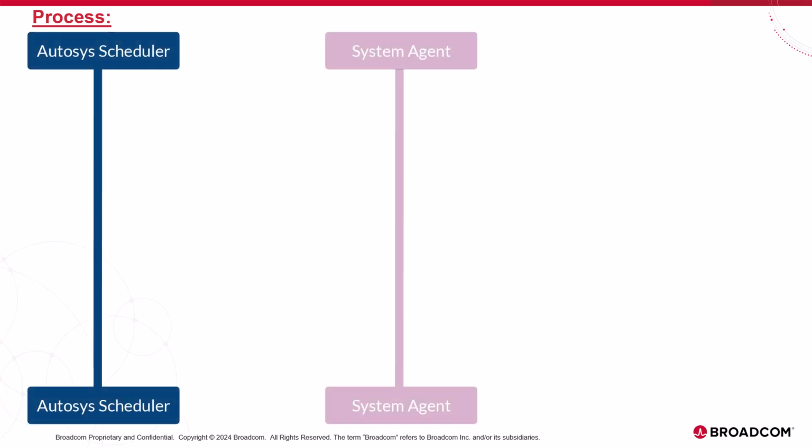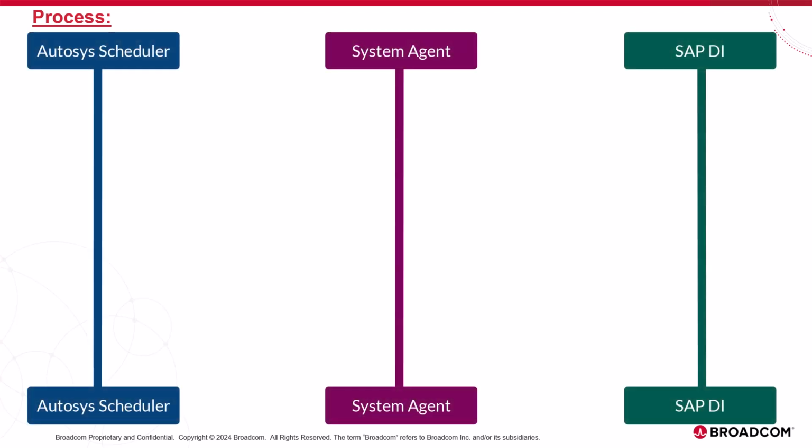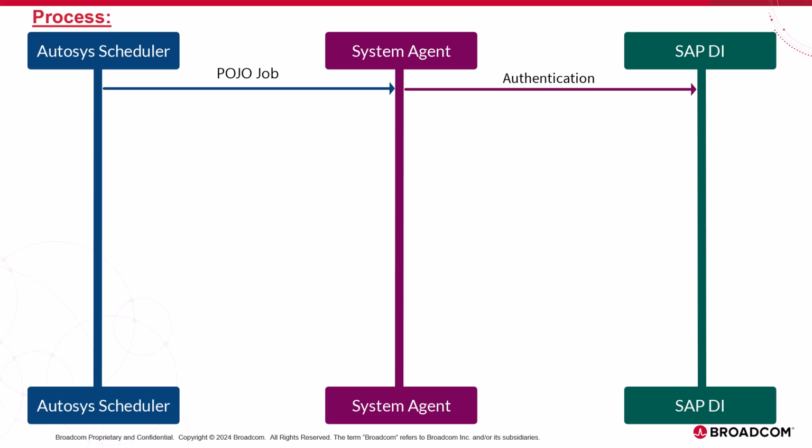We start with the three main components: the AutoSys scheduler, the system agent, and the SAP DI server. The AutoSys scheduler submits the POJO job to the system agent. The system agent acknowledges the job from the scheduler and initiates communication with the SAP DI server.